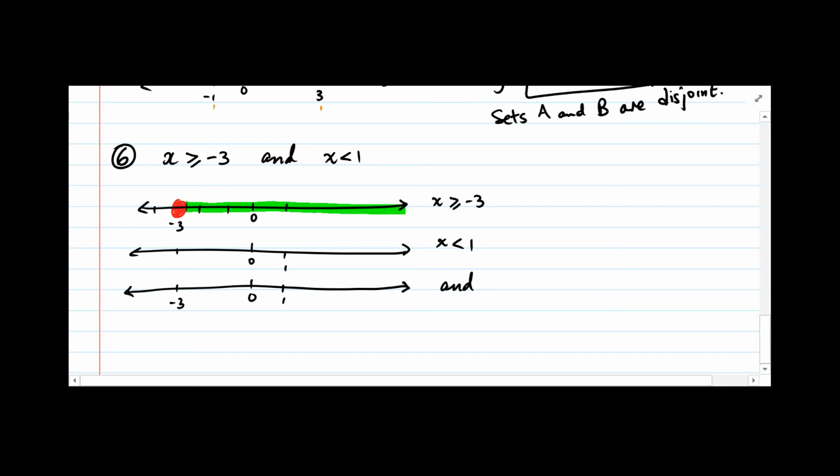And going on to the next one, open circle at 1, shade everything to the left of 1, and as usual we're going to look at these as regions, and in those regions let's see what we have. Region 1, 2 and 3.